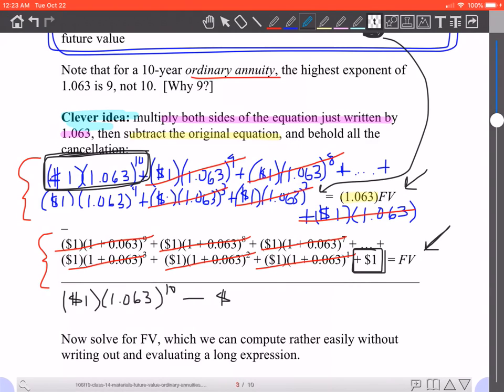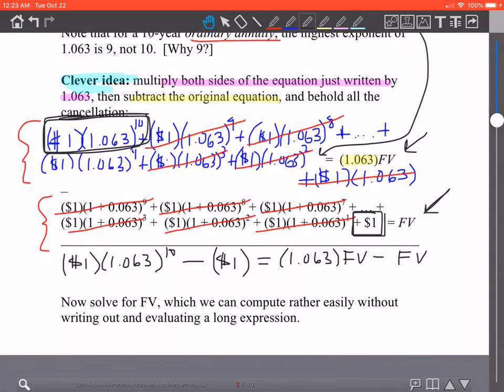That's what was left over from the old number sentence, equals 1.063 FV minus FV. So we wrote what was left over on the left-hand side of the equal sign after all of our cancellations and subtractions, and we wrote what was left over on the right-hand side after all of our cancellations.